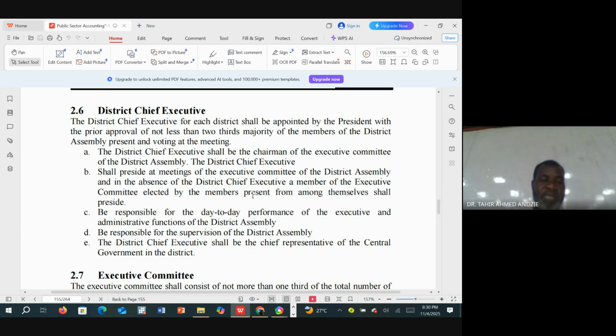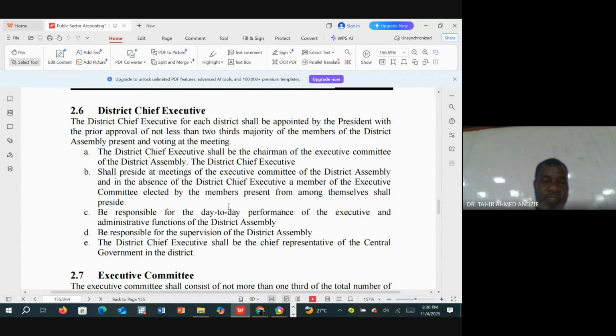So at all times, it's the district chief executive who is supposed to be the chairman of the executive committee. But if at a meeting convened, the district chief executive is not available, then the members present can elect any of them to become the chairman for that particular meeting.